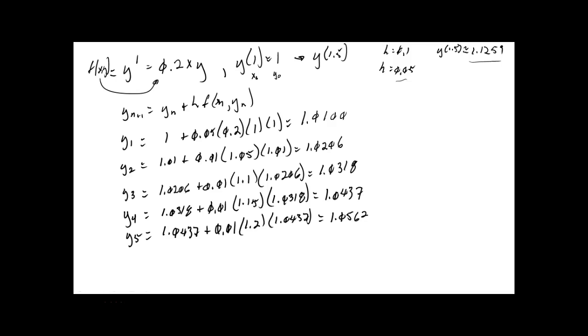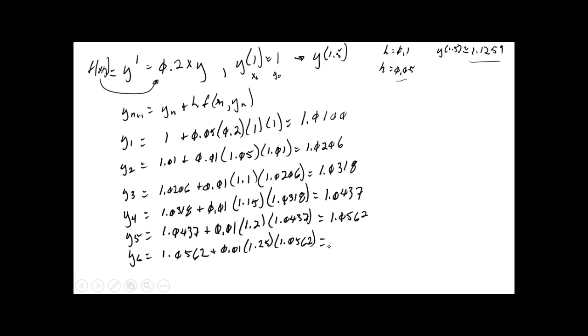Now, that was with the x sub n. Let's do just one more. Y sub 6 is equal to 1.0562 plus 0.01 times 1.25 times 1.0562. That's 1.06942.